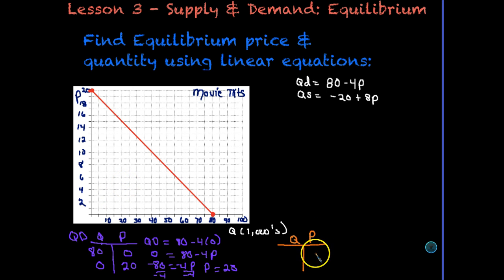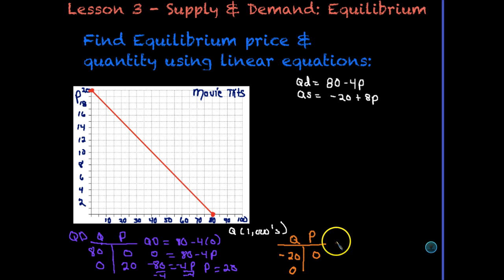Again, let's go ahead and put in a 0 for price. So if we put in a 0 here, the quantity supplied is negative 20. That's going to be a little bit hard to show because that means it's way over here. And remember, we don't work with the other quadrants, so that point isn't going to help us.